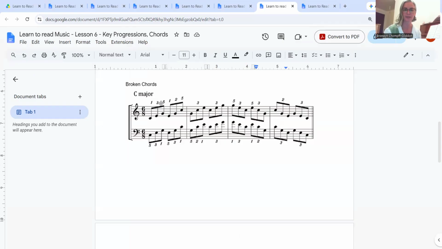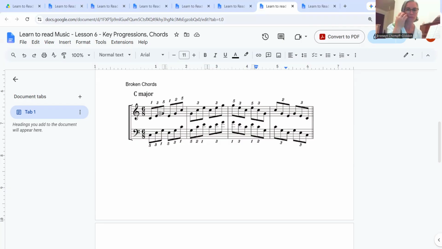Now, these numbers up here is actually referring to the fingers that you would use when you're playing this. But it's also the intervals that these notes are. The C to the E is an interval of a third, and the C to the G is an interval of a fifth.